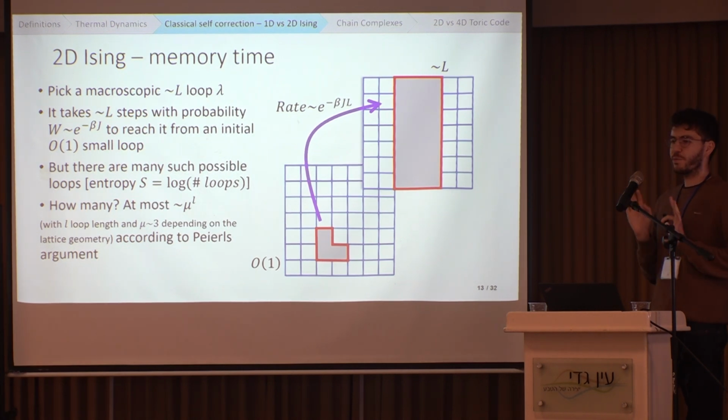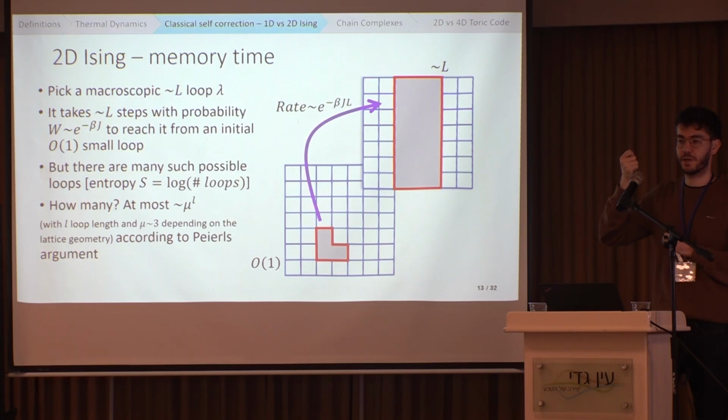Okay, so we want to ask, in the 2D Ising case, how much time it takes for a failure. And we know that for a failure, we have to pass through a configuration with a large error. A large error means a large parameter of the error, and we have to pay a high energetic cost for this.